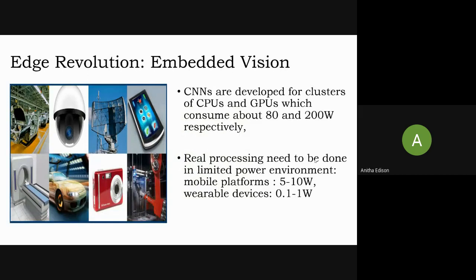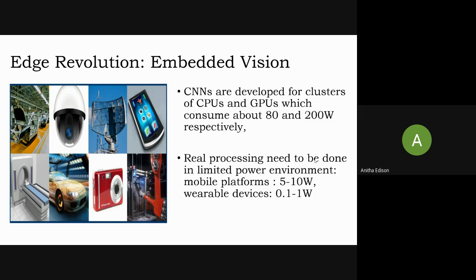Another currently most researched area is called edge revolution or embedded vision. All the computer vision algorithms that we develop use heavy computations. Now we are using very large deep learning networks, and all those networks take a lot of computational power. But finally, these algorithms have to be used in a mobile camera, a surveillance camera, or a self-driving car.